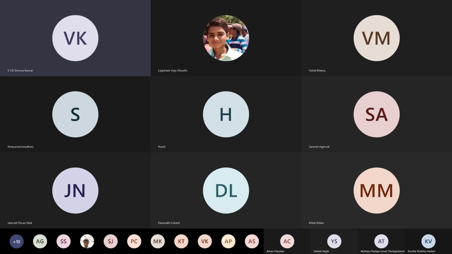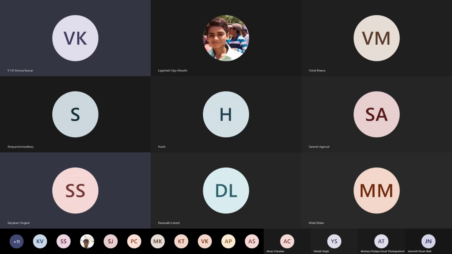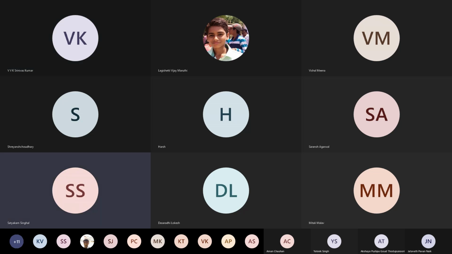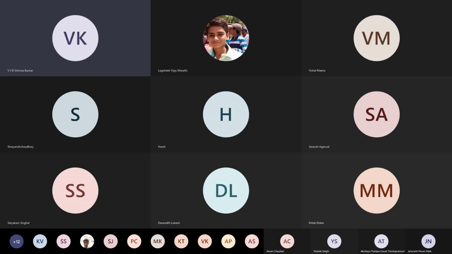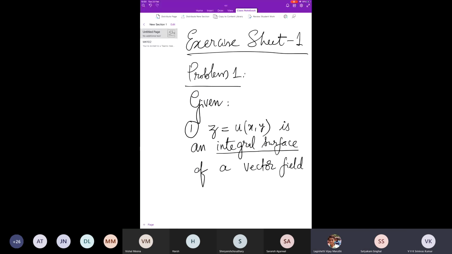Sir, if your device is a MacBook, you have to give special permissions from the settings, from the preferences of screen sharing for Teams. Okay. Now is it visible? Yes, sir.